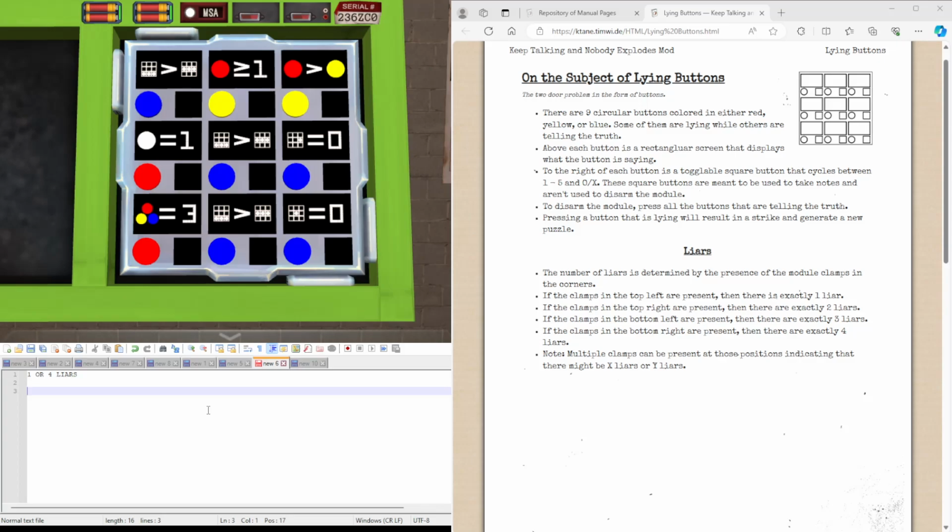Funnily enough, we actually have 3 identical conditions here. Those being: bottom and middle rows, the bottom has more liars than the middle row. We'll be seeing that 2 more times.